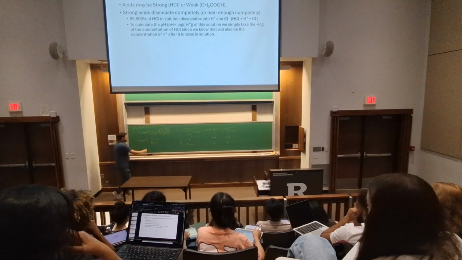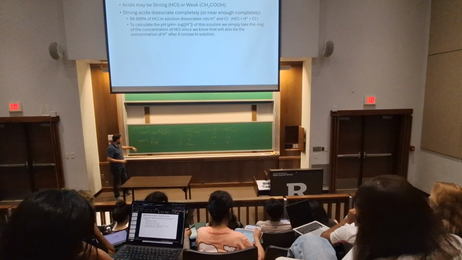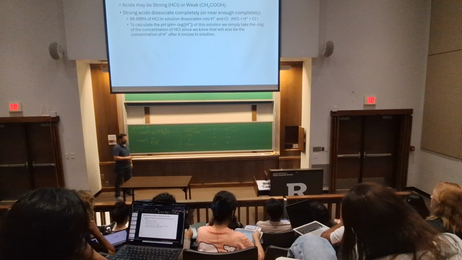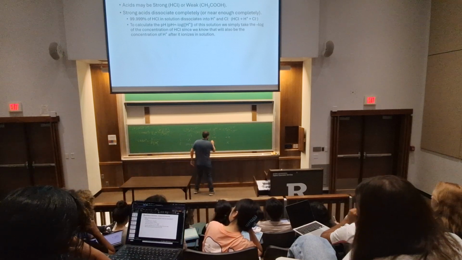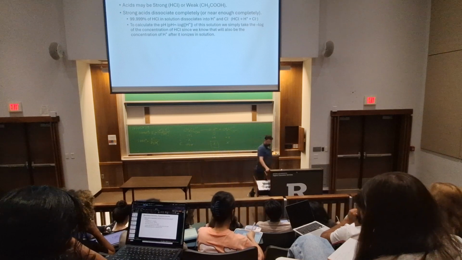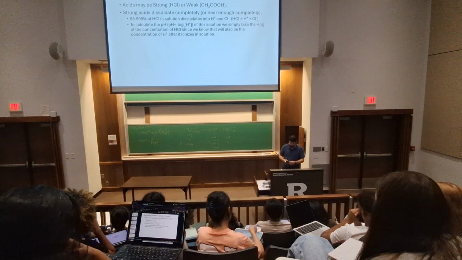So just ignore that and be lazy. So now we have not a quadratic, so we can just say that X equals the square root of 1.778 times 10 to the minus 5, which I can't do in my head, but that's what X is. So now we know the H+ concentration. We take the negative log of that, and there we go, right? So let's see, square root.